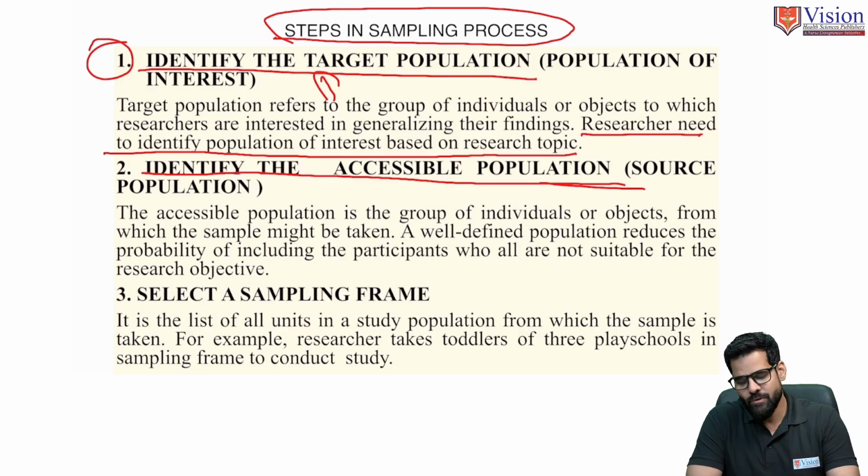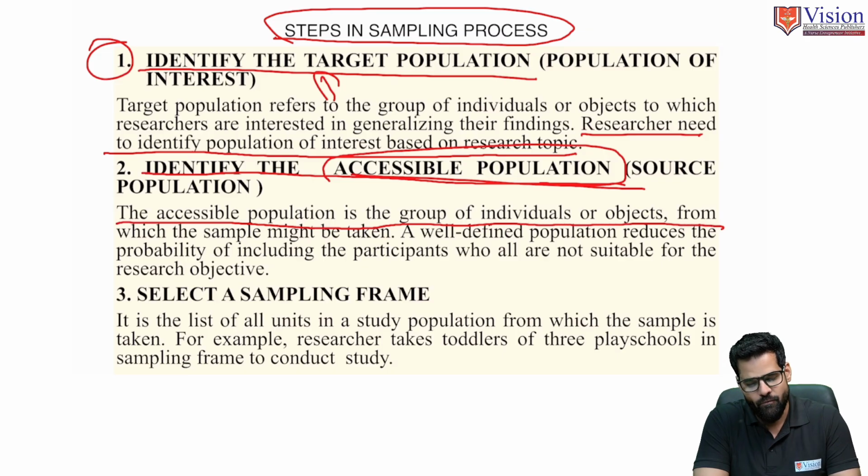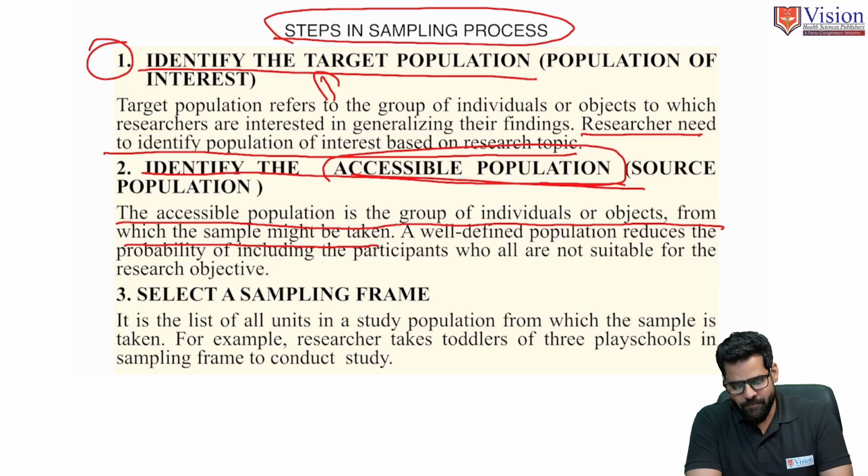So you have to decide about the source population. The accessible population is the group of individuals or objects from which the sample might be taken. Now see, suppose you have decided on the truck drivers visiting selected national highways, let's say national highway number 8 or number 1 or 52.